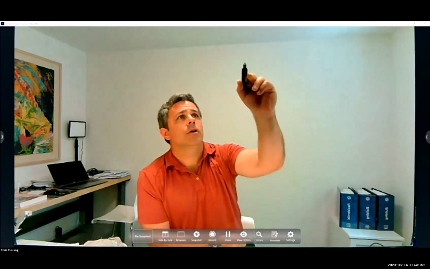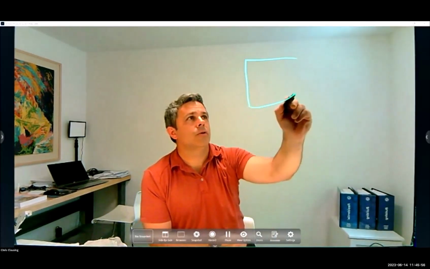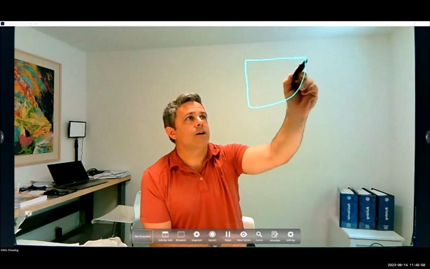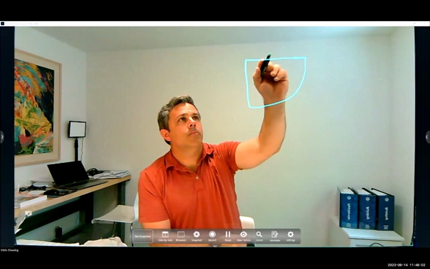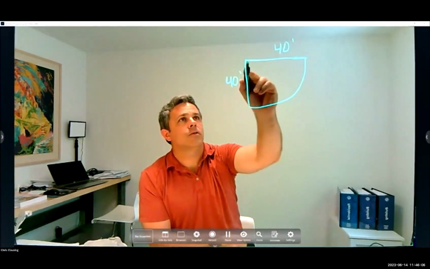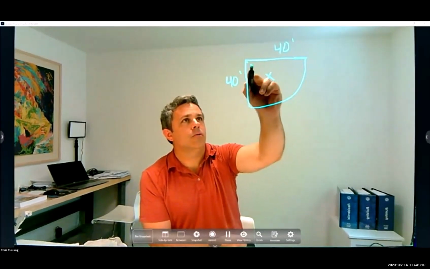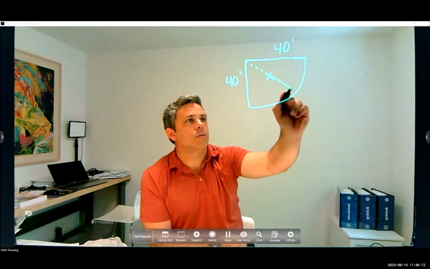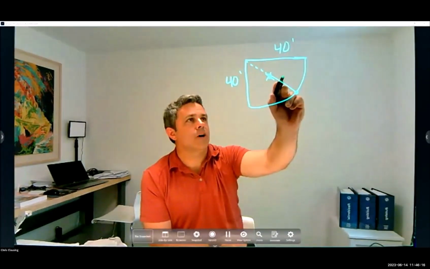It was kind of this odd shape, right? It was this shape, like a pie shape. And they gave you outside dimensions. And then they would do this X in the middle, and they would give you the dimension from the X to the end of the arc at 25 feet.